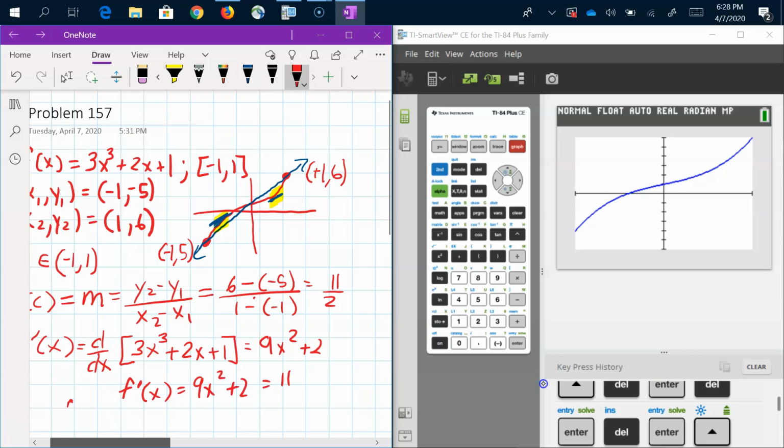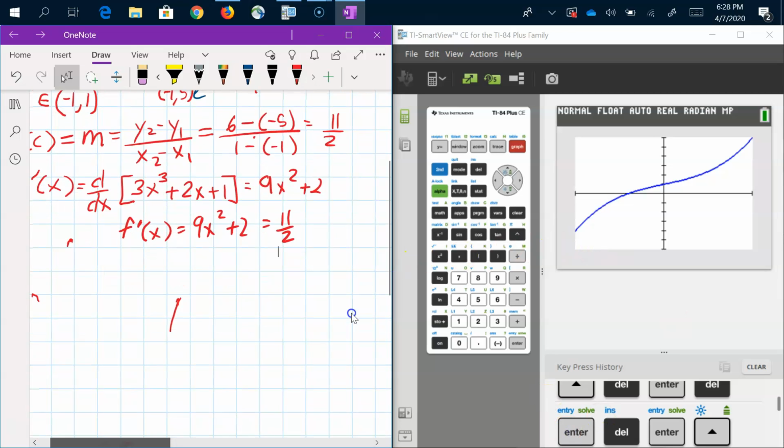We want this to be 11 halves. So I'll subtract 2 from both sides.